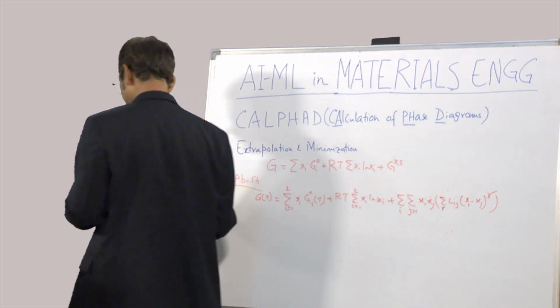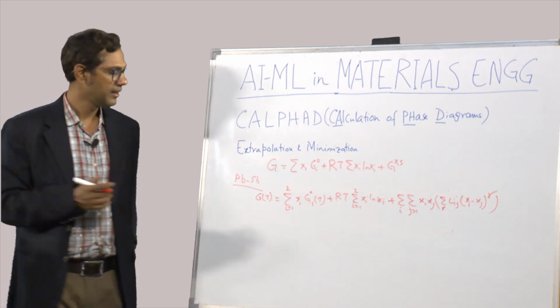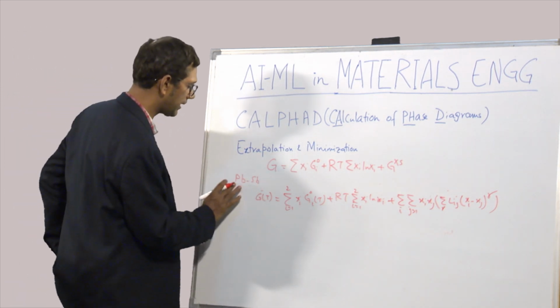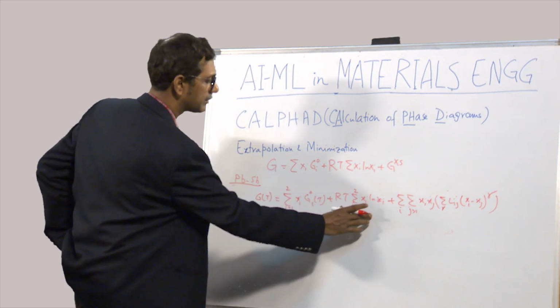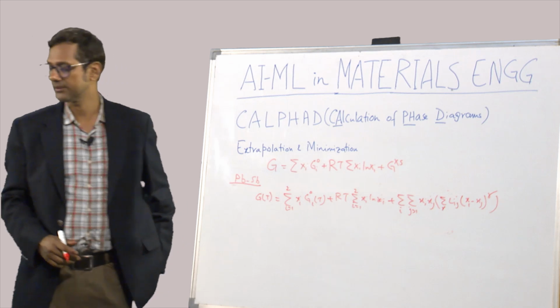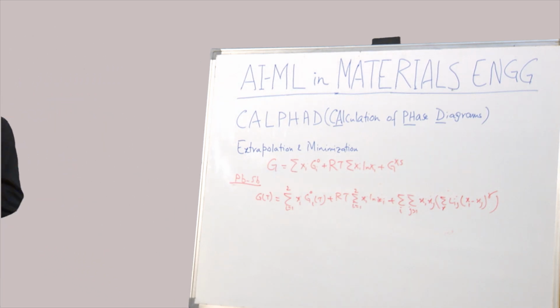This is the free energy function which you will normally use for all kinds of systems, even for the binary lead antimony system. The pure part, the entropic part, and the excess part, correct. I will not go into details of that.